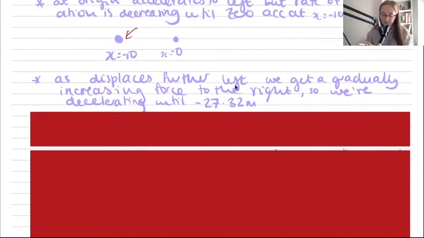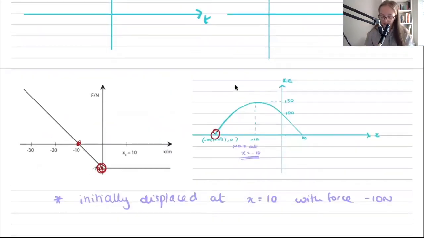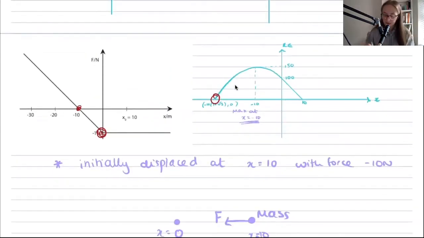And then as it displaces further to the left, we get a gradually increasing force to the right. So that means that we're decelerating until, well, this point that I've calculated here. And that was where our kinetic energy was 0. So we're still moving to the left until this point here where it is at a standstill.